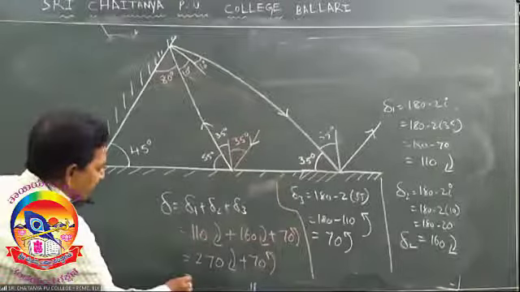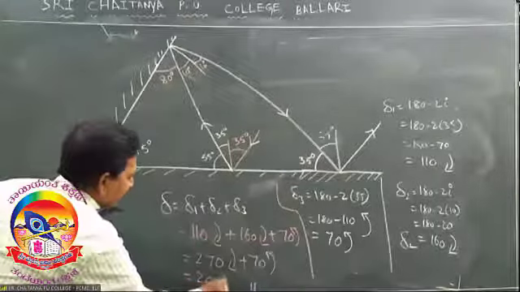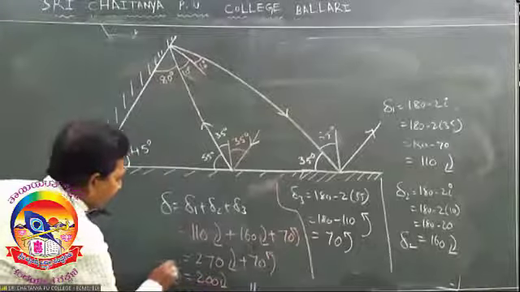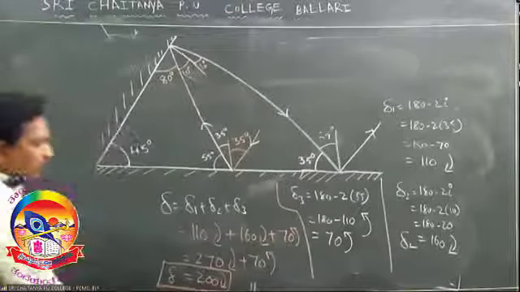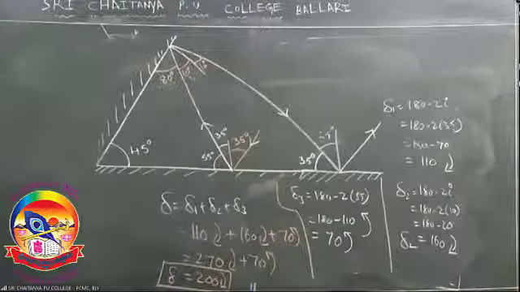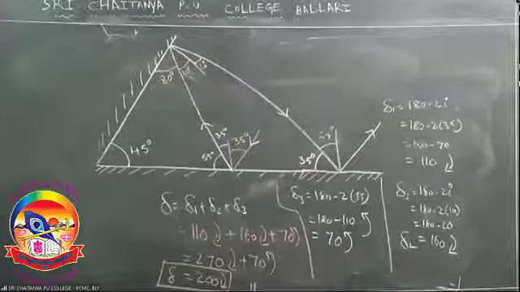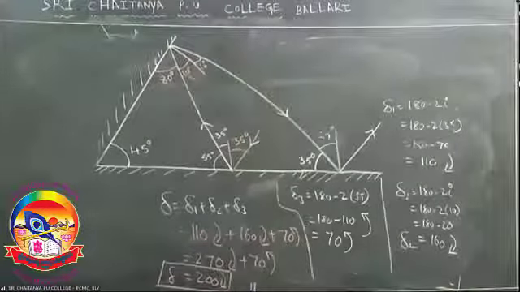This comes out to be 200 clockwise. So net deviation 200 clockwise.